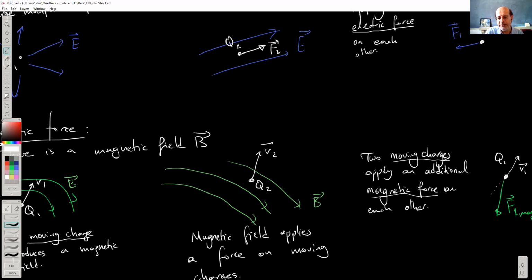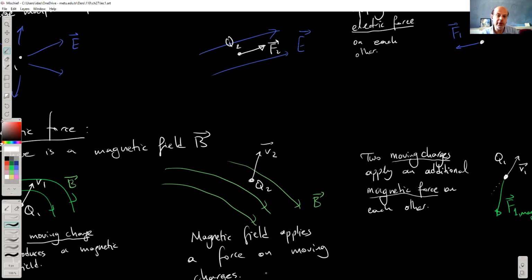If there's a moving charge, in a different reference frame the velocity will be in a different direction, but you will still see an electric and a magnetic force applied on the particle. And there are some special reference frames where this charge will not be moving, for example, the reference frame moving with the same velocity as the charge.